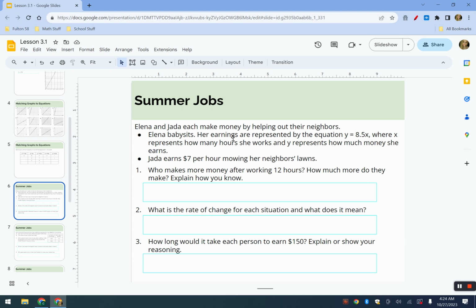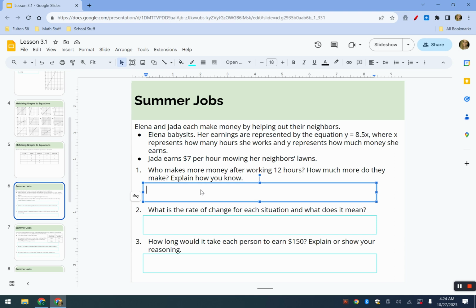All right. So, first of all, we want to know who makes more money after working 12 hours. Well, that's easy. Let's just go ahead and figure out how much they make after 12 hours. So we're going to find out how much Elena's going to make, and also Jada.